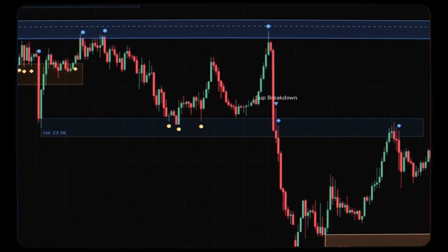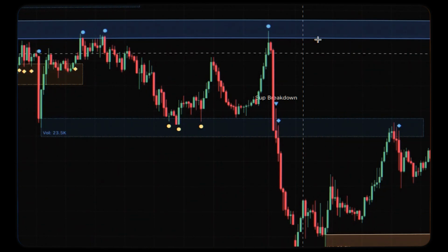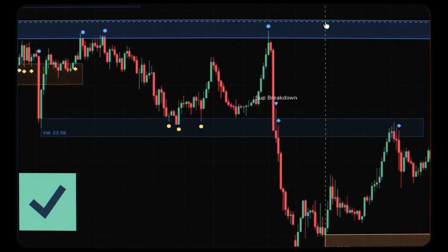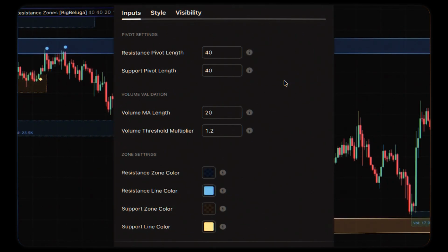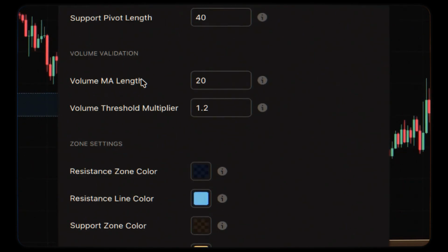So the indicator shows a support or resistance zone only when the amount of volume for the pivot point is high. If we go to the settings of the indicator, here in this part, you can see that we have settings for volume validation. We have volume moving average length, which is set at 20 by default, and here we have a threshold multiplier, which is set at 1.2.